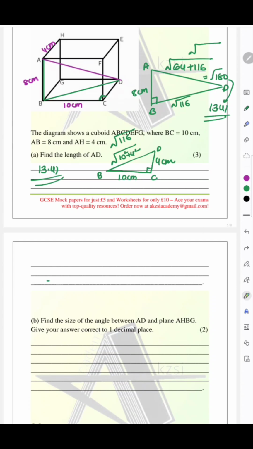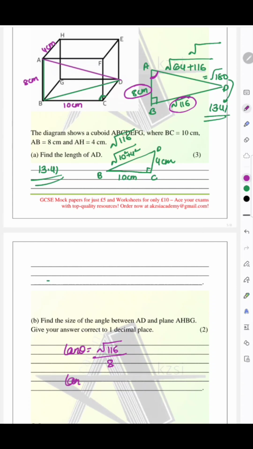And for that we can just use this triangle, for which we already are aware of the sides. This is the same triangle, 8 and root 116, and this is the angle. For this one I can apply any ratio, because we are aware of all three sides, so it's perfectly fine. We can use tan theta. So tan theta equals opposite over adjacent, which is root 116 over 8.